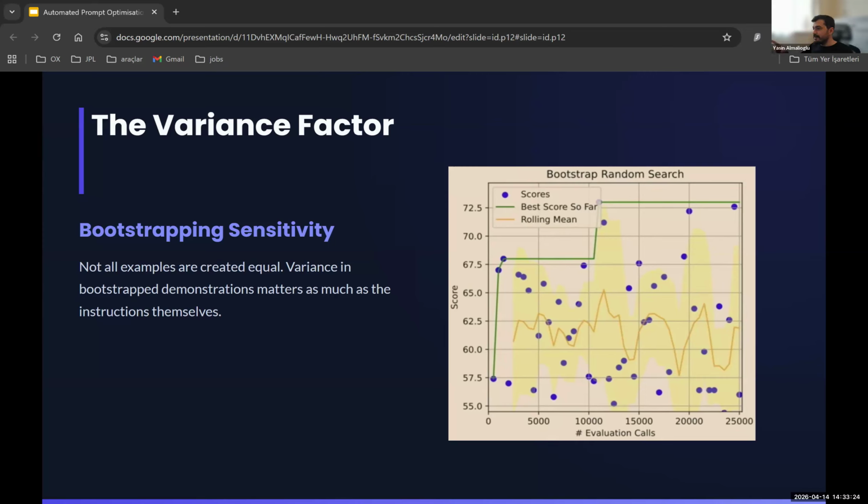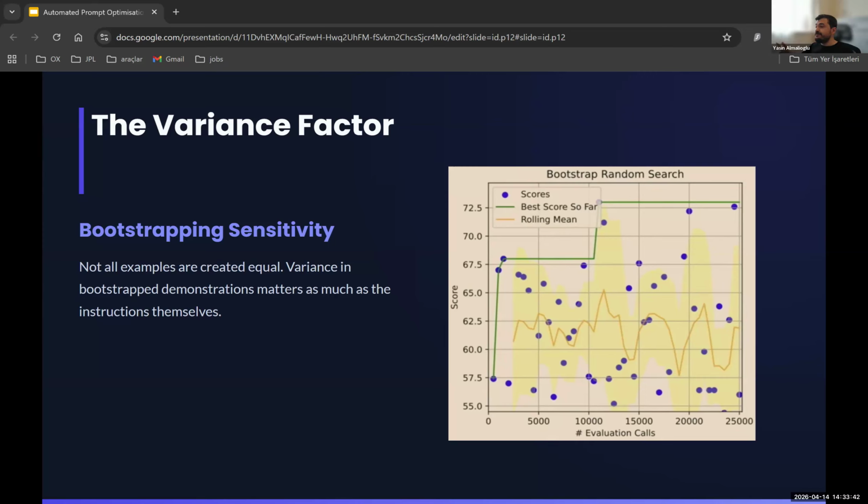What is important here is the performance can vary by 15 to 20%, simply based on the choice of few shot examples. This is what I refer to as that cherry picking problem.